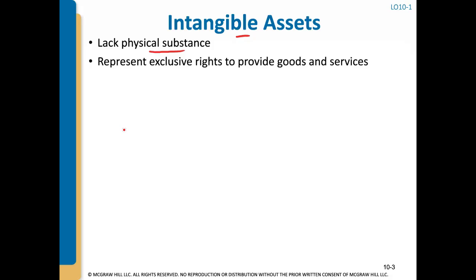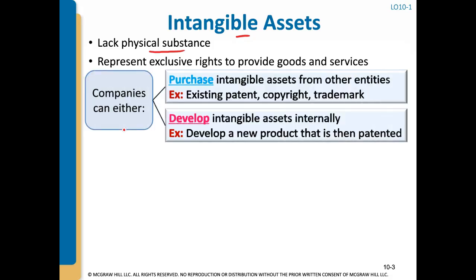Typically, they represent exclusive rights to provide goods and services. And we'll go through some of those examples in later slides, which is why I'm not going to go through it right now. When you have an exclusive right to provide goods or services, you could either purchase it from another entity, such as a patent, a copyright, or a trademark, or you can develop them internally, such as when you develop a new product and then it's patented.